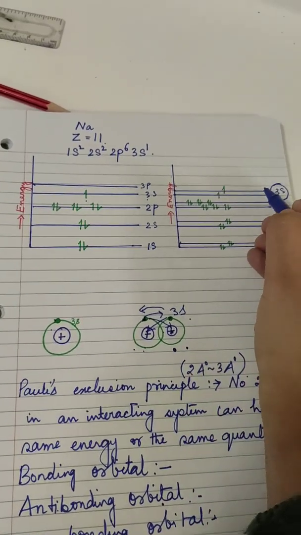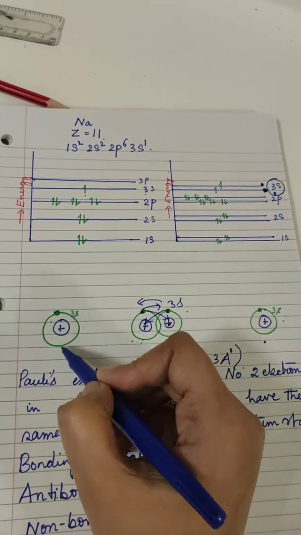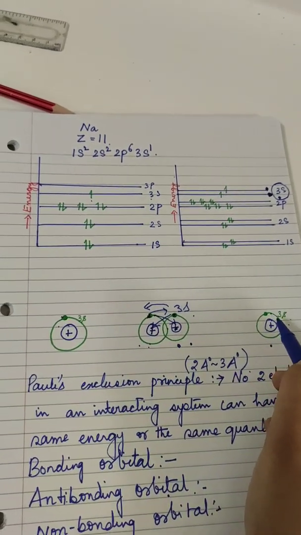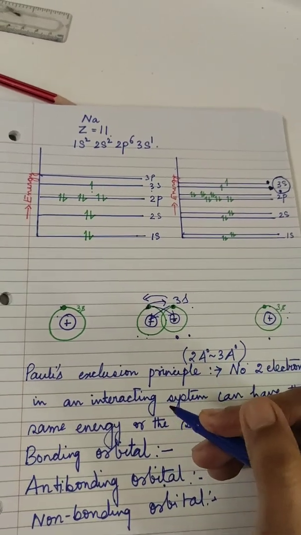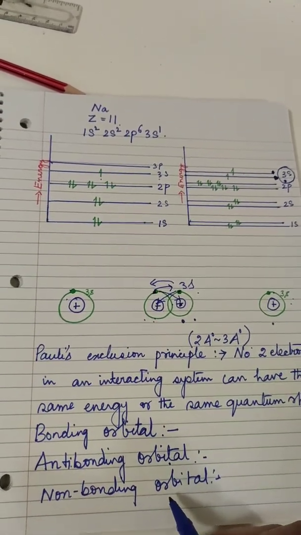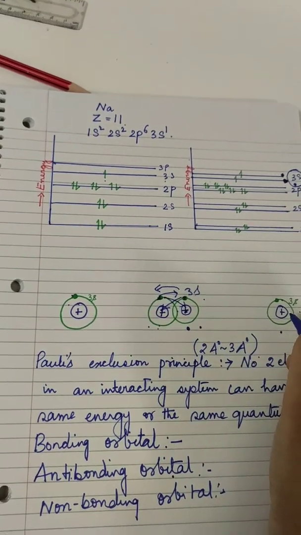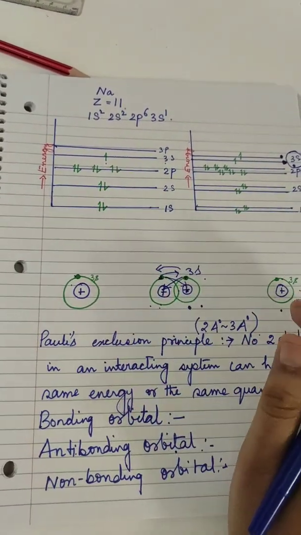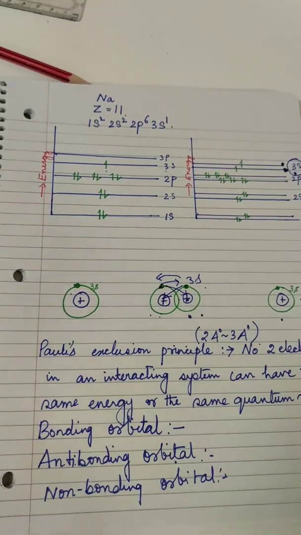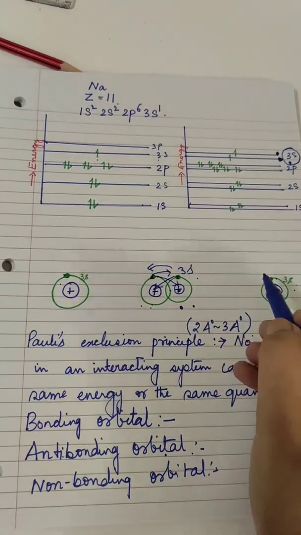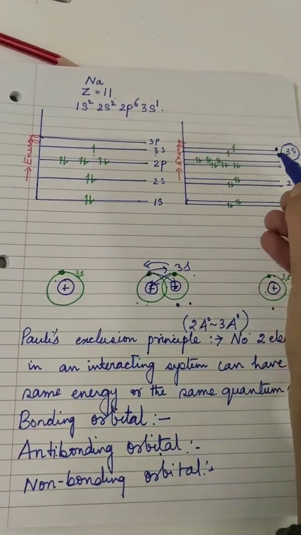So the anti-bonding orbital has energy higher than the constituent atomic orbitals, thereby opposing the bonding of molecules. And non-bonding orbital means it has the same energy as that of the atomic orbitals forming it and has no effect on bonding of molecules. Okay, so non-bonding orbitals don't actually exist here, because a molecular orbital will never have an energy same as that of the atomic orbitals.